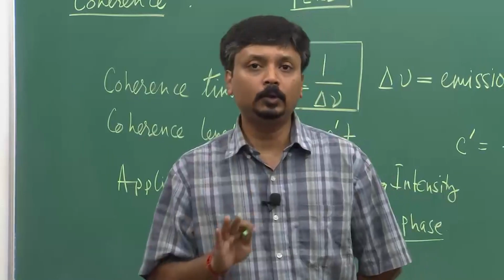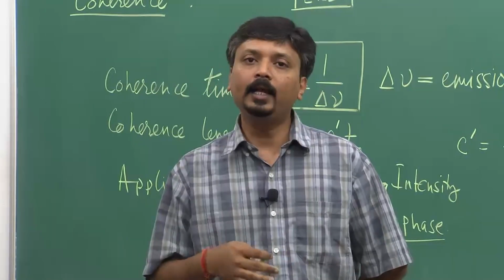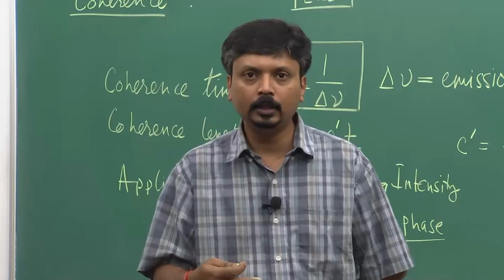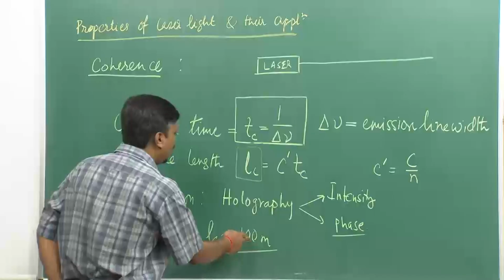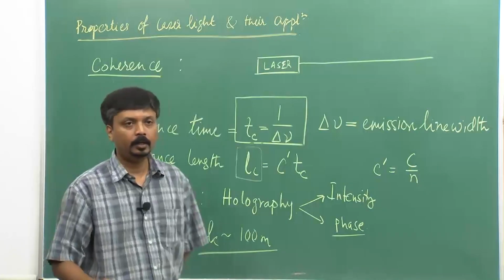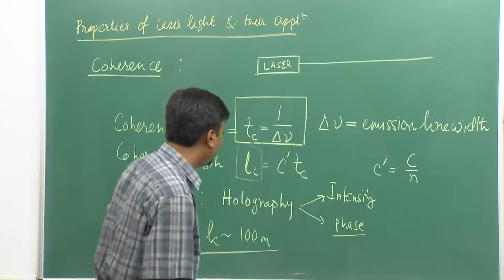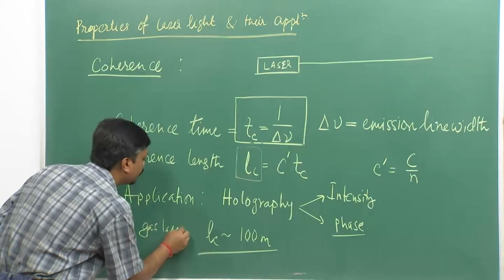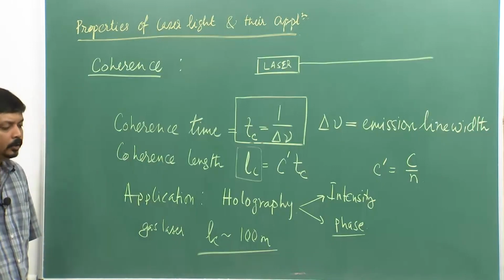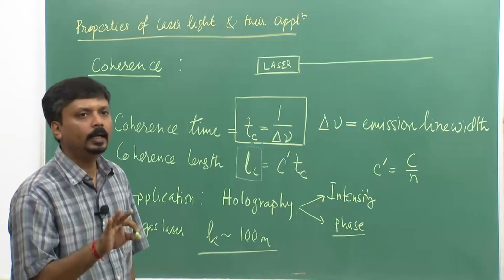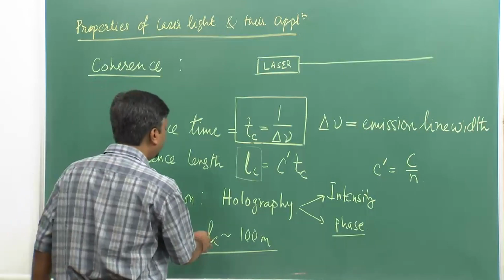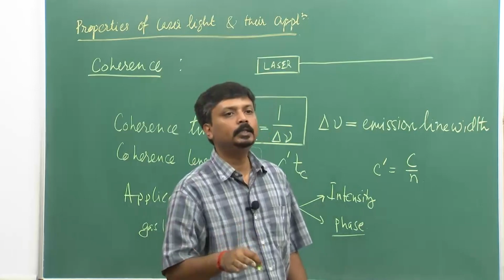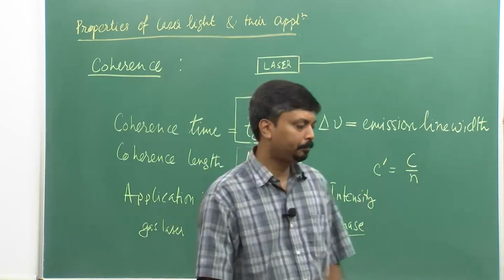Getting a coherent source is a big thing, and then you can maintain the phase relationship among the photons for a length scale as large as 100 meters, particularly for gas lasers. This is just for your information, to get an idea about this scale, and knowing this you can easily find out the time scale over which the coherence is sustained.